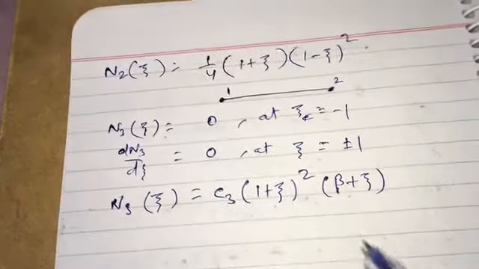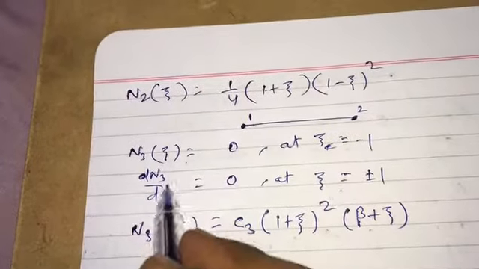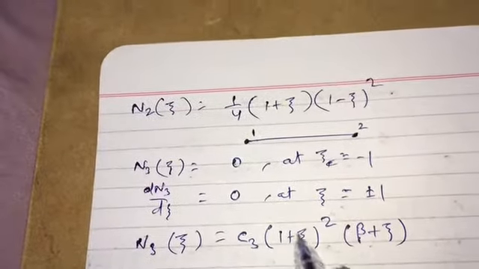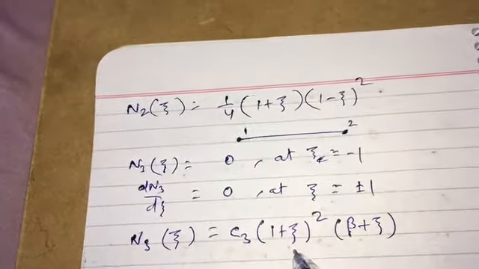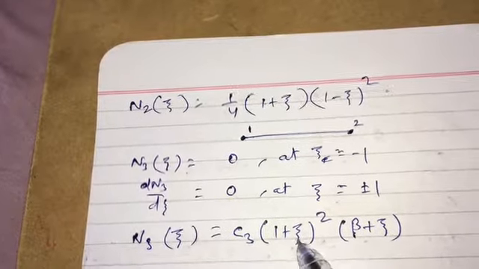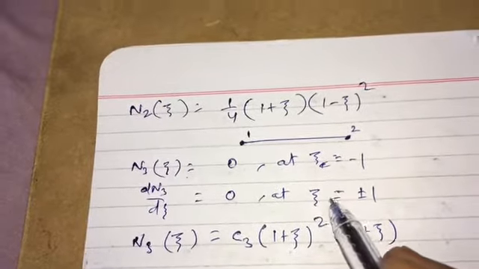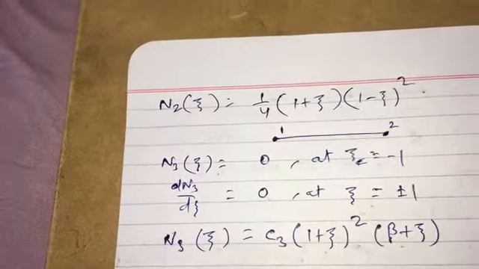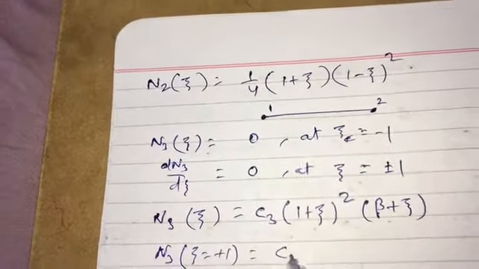Let us find out the value of beta first. So, this will already make sure that N3 is 0 at xi equal to minus 1 and the slope of N3 is also 0 at xi equal to minus 1, but we have to test now, the slope should be 0 at xi equal to plus 1.